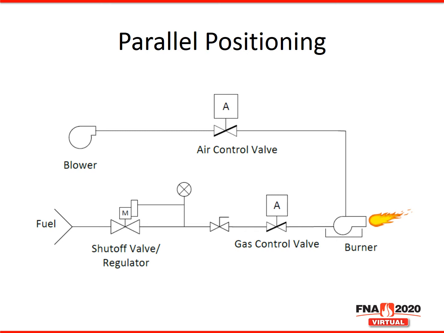We have quite a bit of flexibility with the air-fuel ratio in this system because we can electronically change the air-to-fuel ratio. The ratio regulator pneumatically links the airflow to the gas flow. With parallel positioning, we now electronically control the air-fuel ratio.